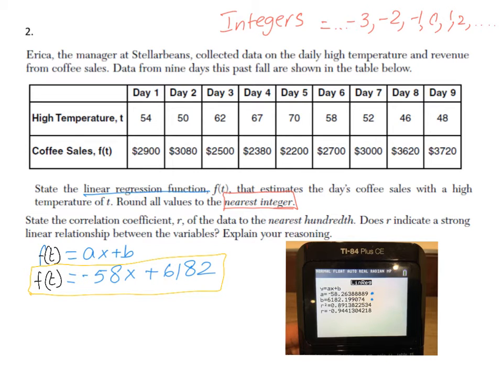Then we need the second part, which is the correlation coefficient over here. So it's showing you negative 0.94. Now this we've got to round off to the nearest hundredth. Does r indicate a strong linear relationship between the variables? Now numerically, this value is close to 1.